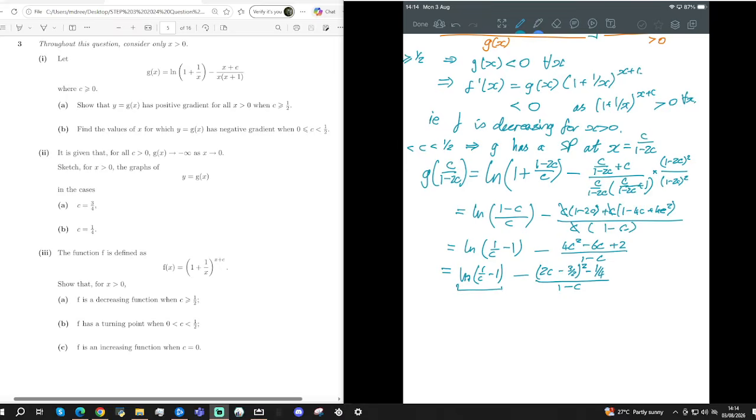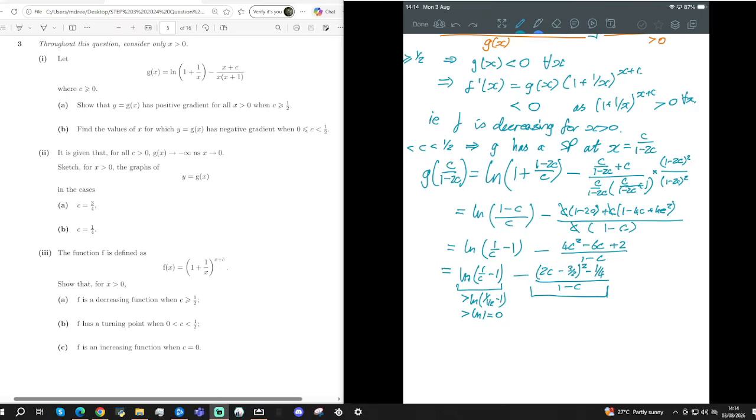So this thing here is going to be bigger than ln of 1 over 1/2 minus 1, which is bigger than ln 1, which is 0. So that thing's always positive. This is because the stationary point, when c is a quarter, is within my range.